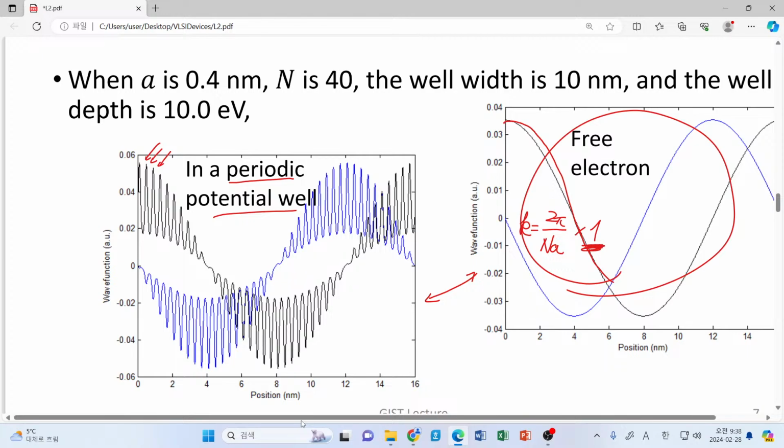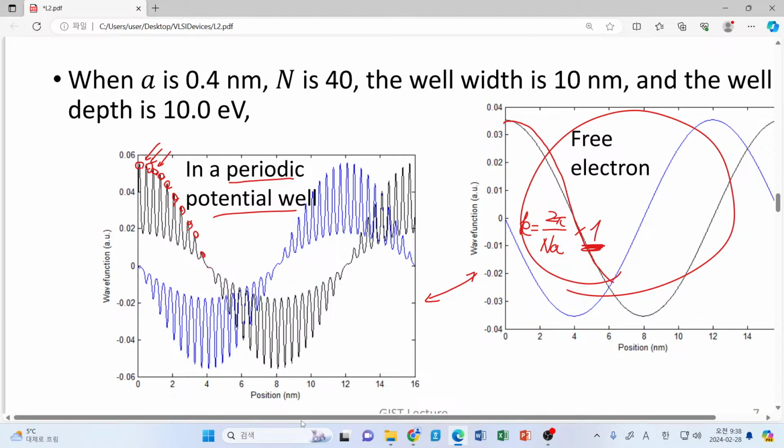And let's try to count the total number of peaks. Let me do it together with you. 1, 2, 3, 4, 5, 6, 7, 8, 9, 10. Well, where do we have another peak?